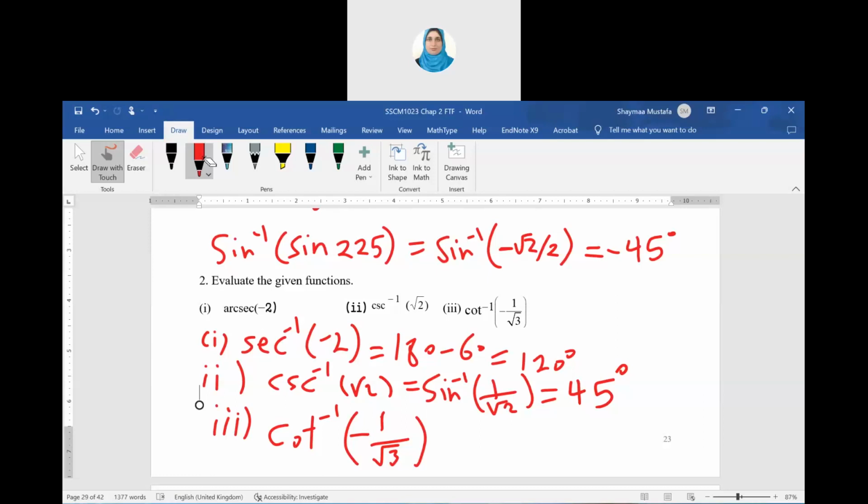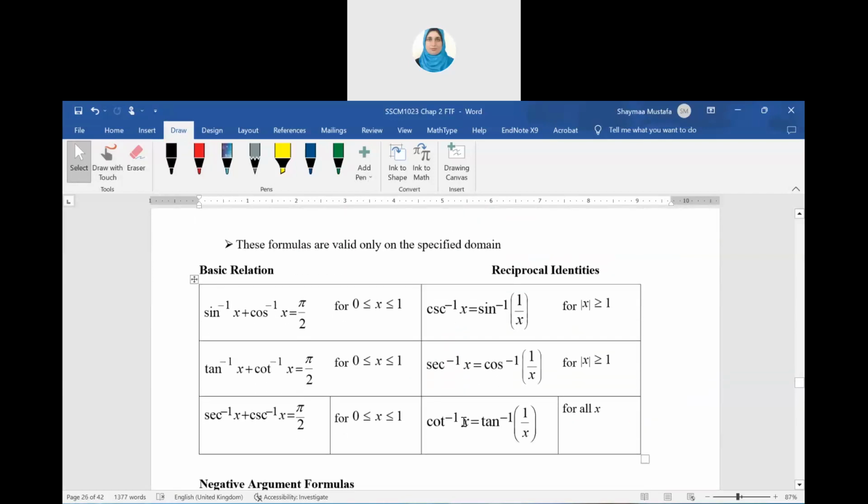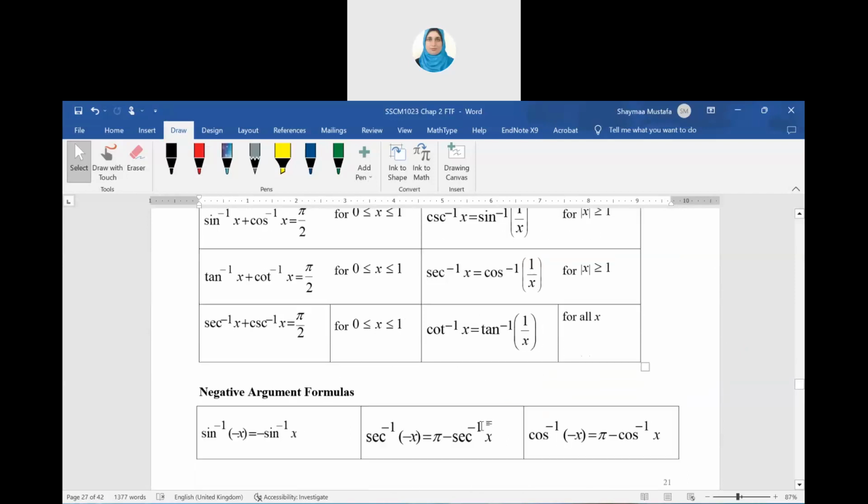Yes, you mean tan inverse. Okay, you can use this identity here, just as I did now for sine inverse. Cot inverse x is equal to tan inverse 1 over x.